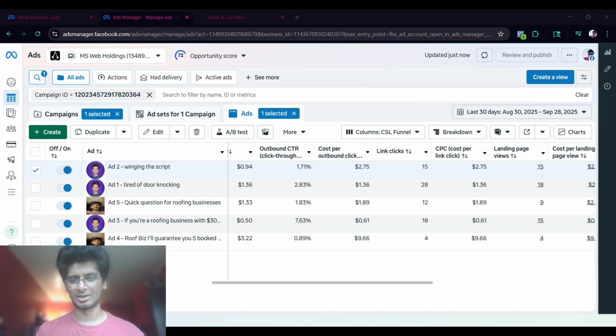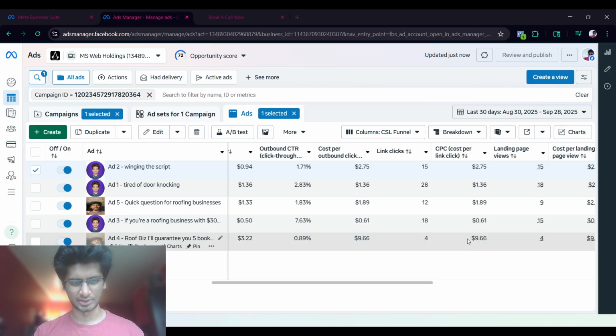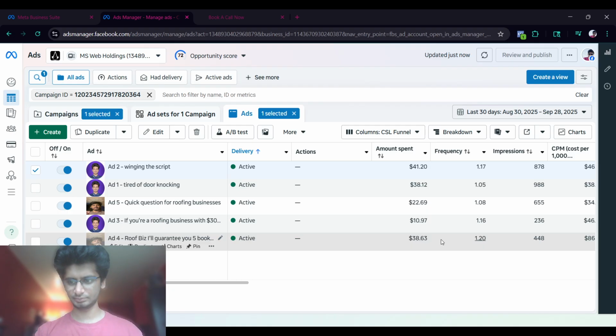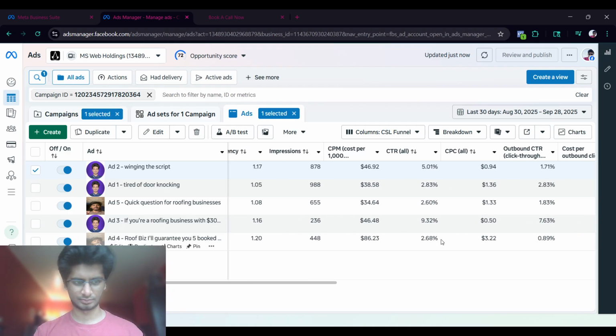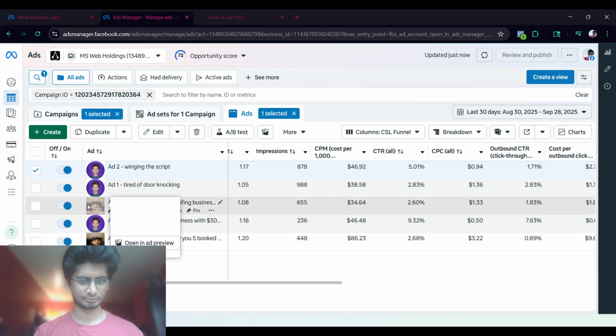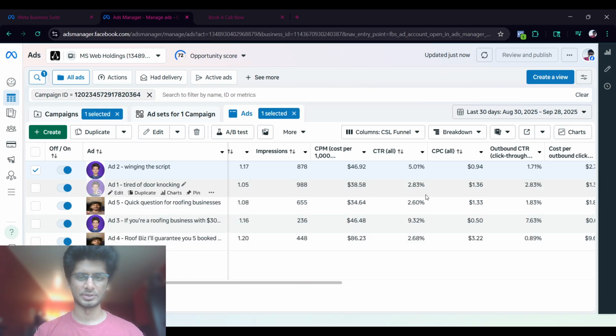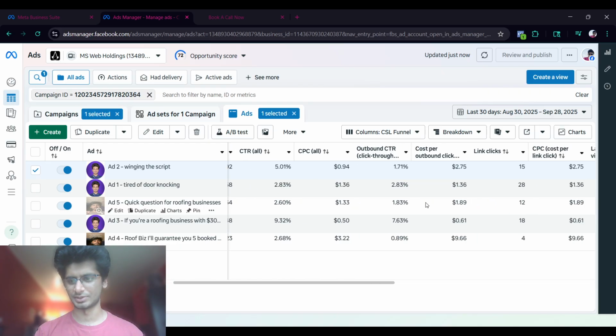I might upload all these ads on my channel just so you guys know what I'm talking about. This is a really high cost per click. It probably doesn't have enough data yet. Maybe it's a thumbnail. No, but then again, this one at number 5 is doing way better than $9.66. The cheapest one is ad 3. Interesting.